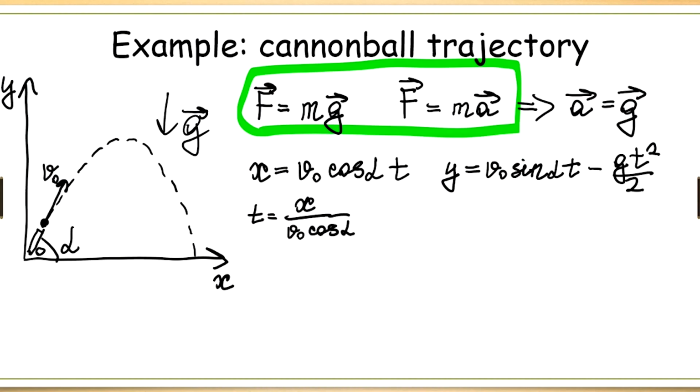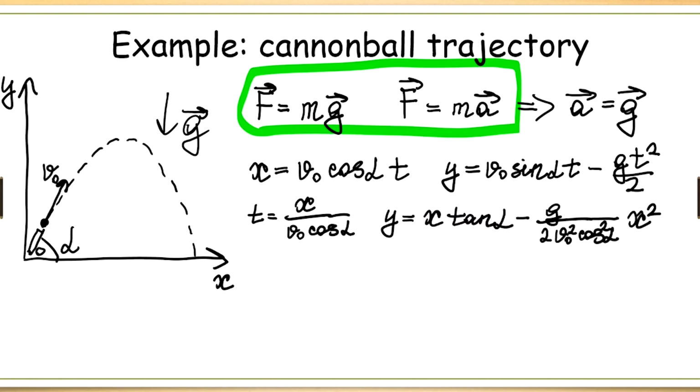For example, we can express t from the first equation in terms of coordinate x, and then substitute it into the second equation on the coordinate y, and we get the relation between the two coordinates y and x. Geometrically, this is an equation of a parabola. So it means that the trajectory, with some approximation neglecting viscous friction in air, is parabolic.